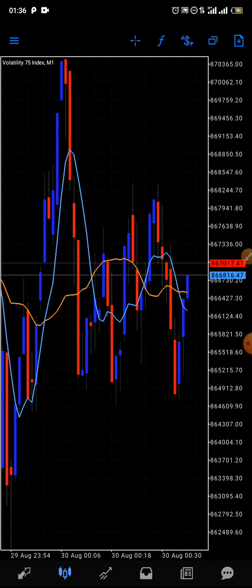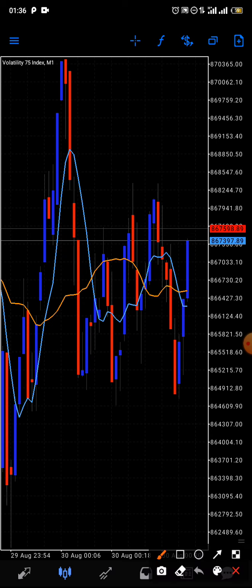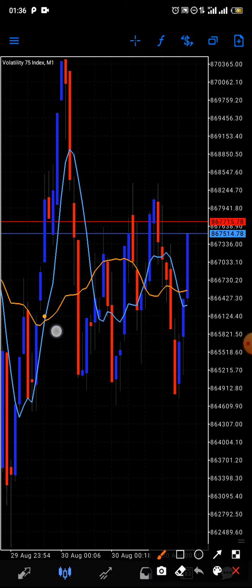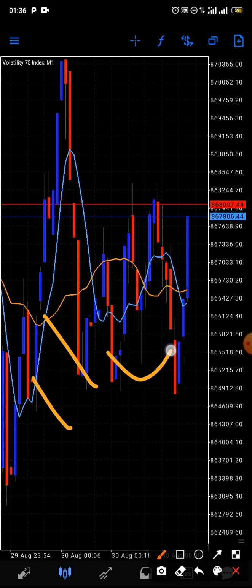So as you can see what I was talking about. Right now, if I place a sell, okay, still buying, I don't place it. Why? Because I can see my moving averages already change direction. Instead of facing downwards this way, our orange is already facing this way.